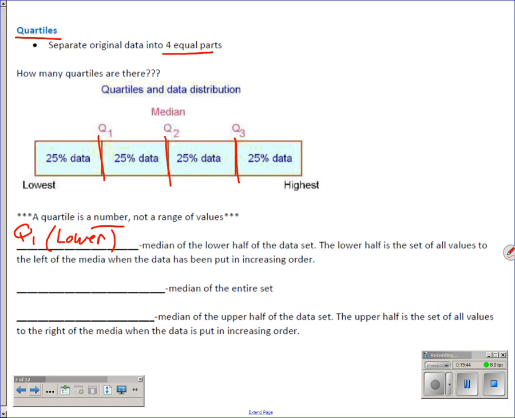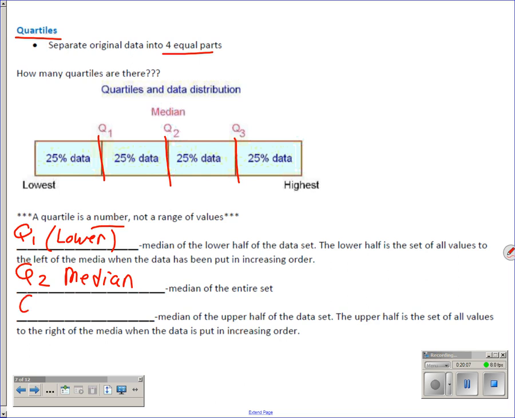Q2 is literally your median. It is literally the middle number. It's the one that cuts it in half. We talked about median earlier. And then Q3, or your upper quartile, is the value that cuts it in half at the top portion. If you can find those three numbers successfully, you have your quartiles.